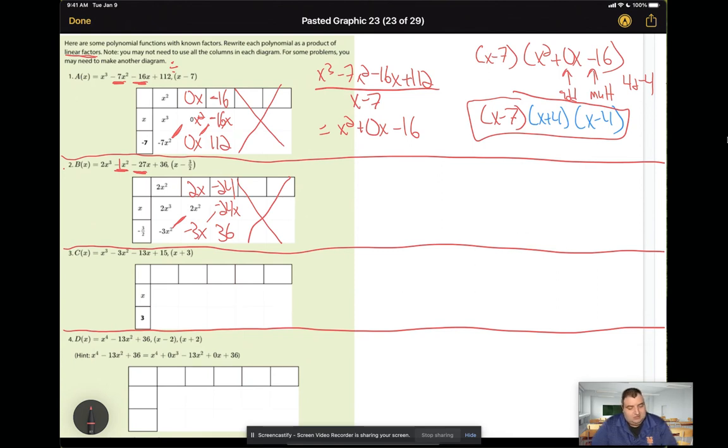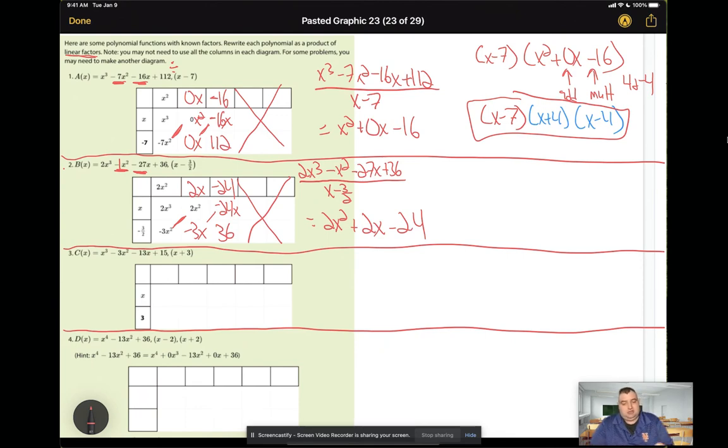So the answer, 2x cubed minus 1x squared minus 27x plus 36, divided by x minus 3 halves, the answer is 2x squared plus 2x minus 24.